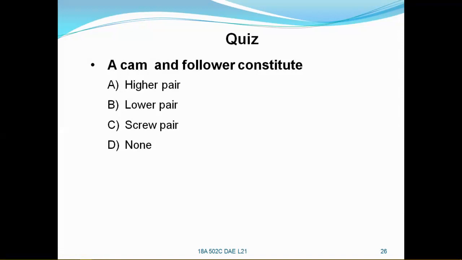As we discussed during the cam mechanism working principle, two elements which have either point or line contact constitute a higher pair.